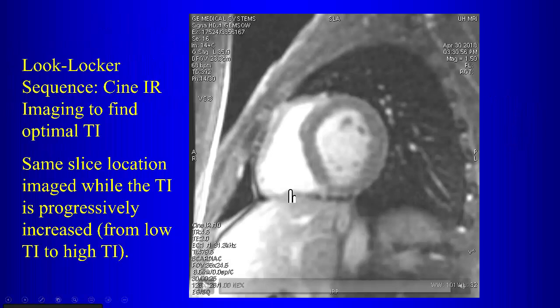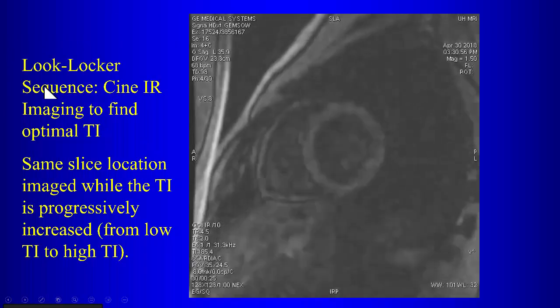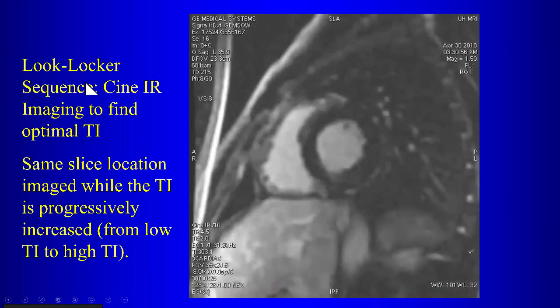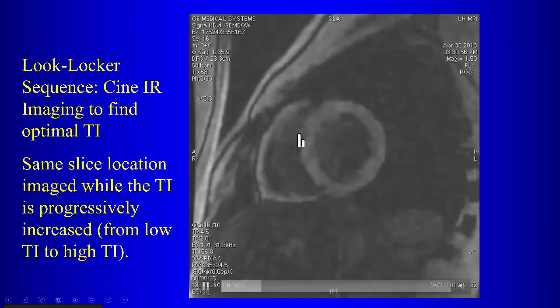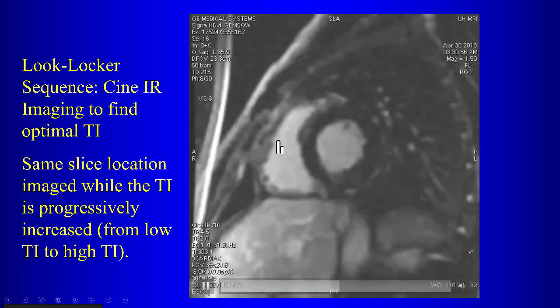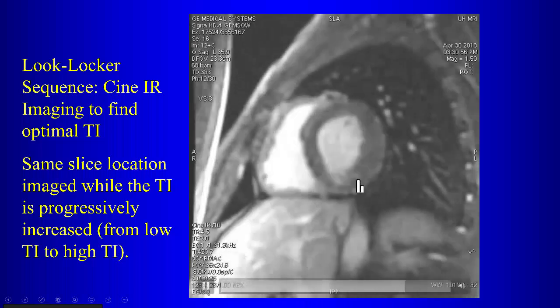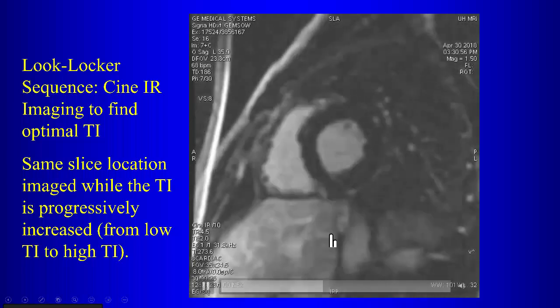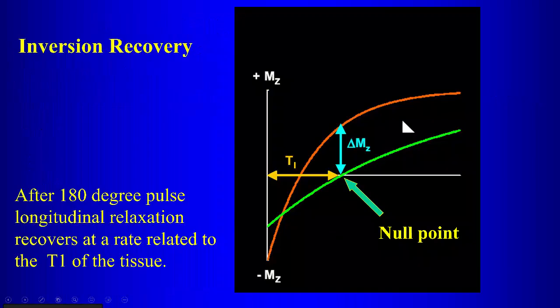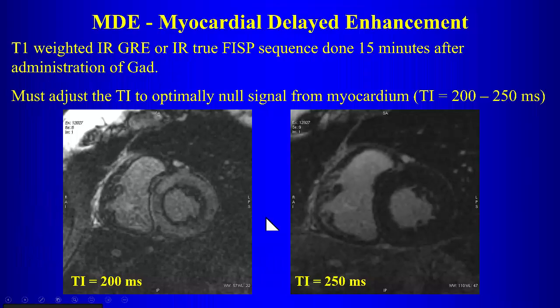So how do we do this? How do we find that optimal inversion time? Well, we do it by using what's called a look-locker sequence. So what we do is we take one slice location, one short axis view here, and we will image it as we go through different inversion times. So what we're doing is we're using different inversion times along this curve until we arrive at the right one that nulls the myocardium.